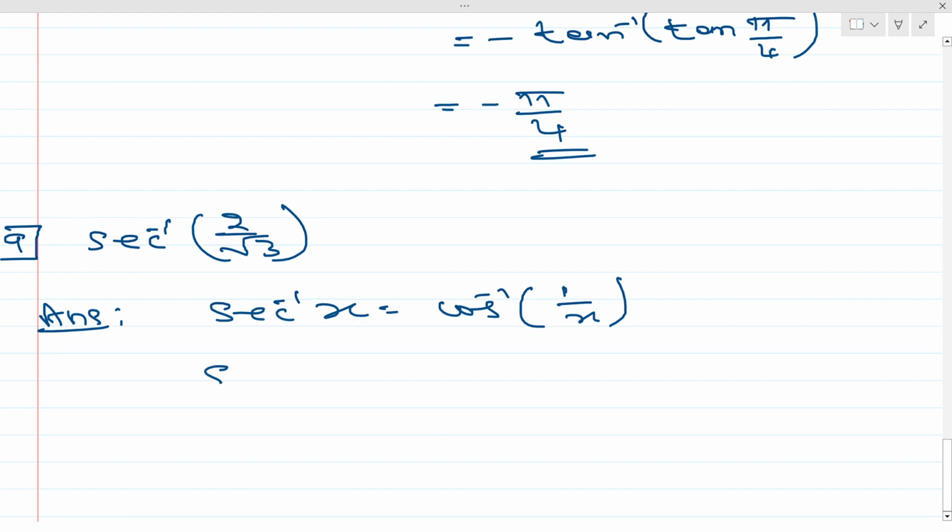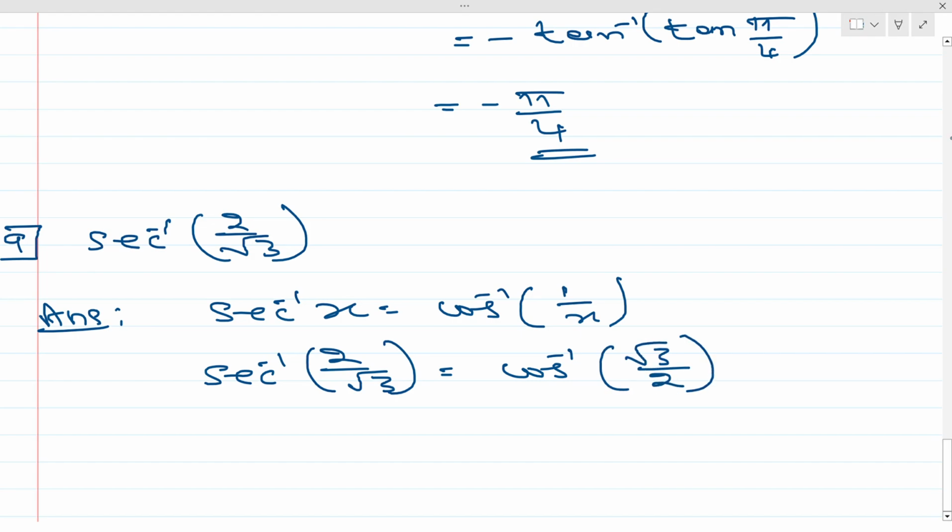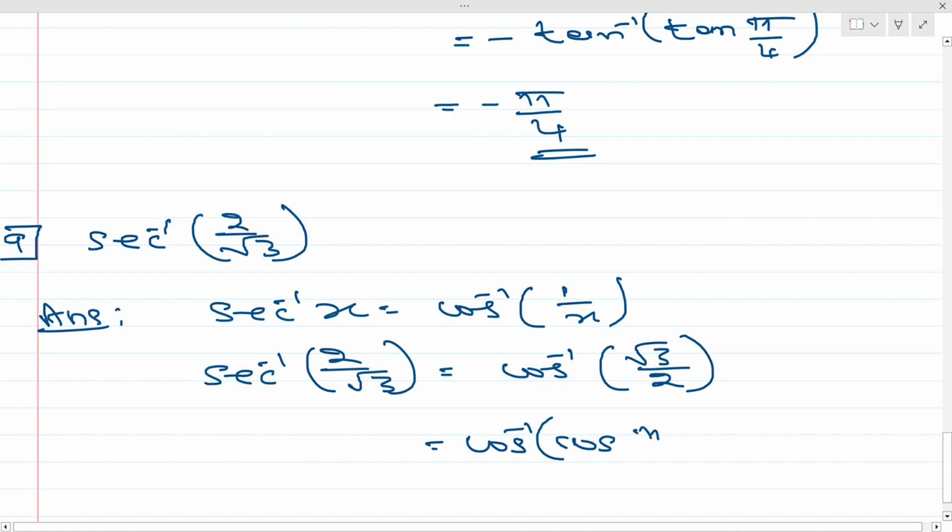Therefore, secant inverse 2 by root 3 can be written as cos inverse root 3 by 2. And from the table value, we can write cos inverse root 3 by 2 as cos pi by 6. So cos inverse and cos cancels. Our final answer is pi by 6.